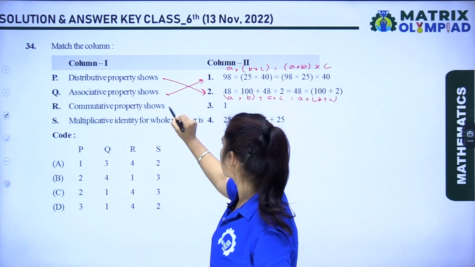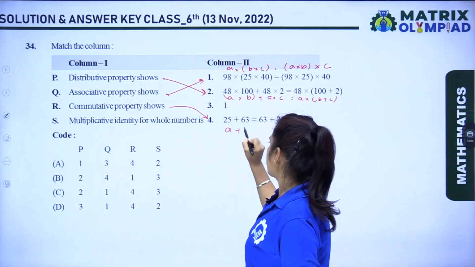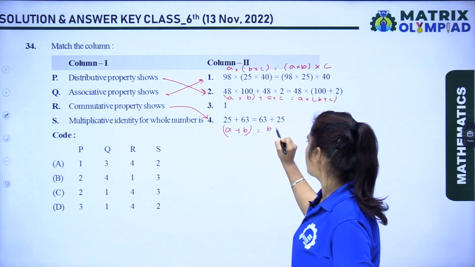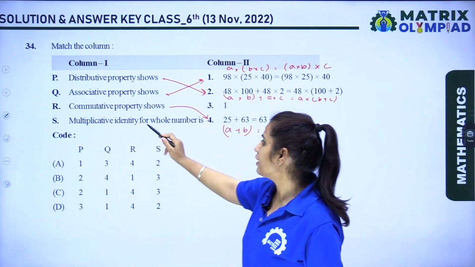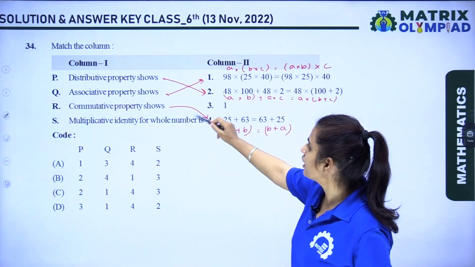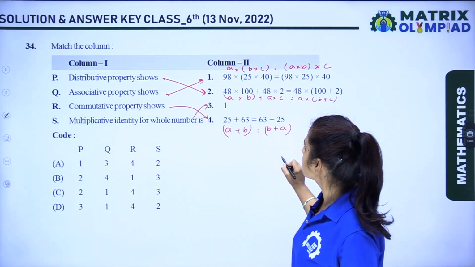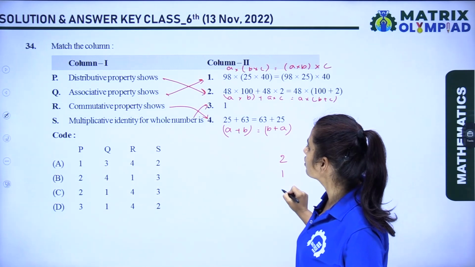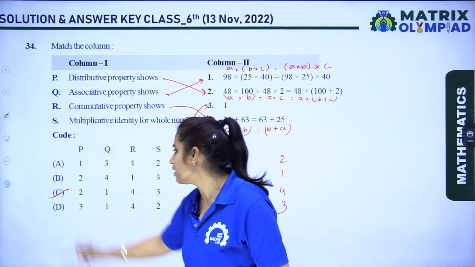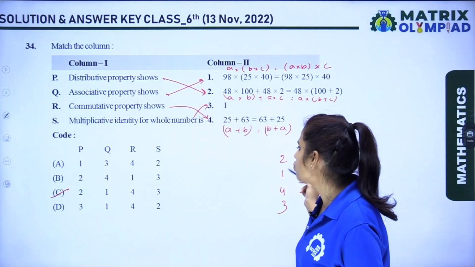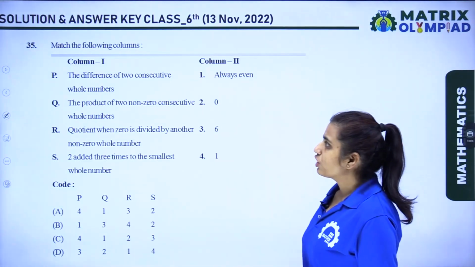Now commutative property is shown by the fourth one, that is A plus B is equal to B plus A. Now the last one is multiplicative identity for whole numbers, that is 1. So here the correct sequence is 2, 1, 4, 3. So according to the options, we can say that option C is the correct answer as the sequence is 2, 1, 4, 3. Let's begin with the next question, that is question number 35.